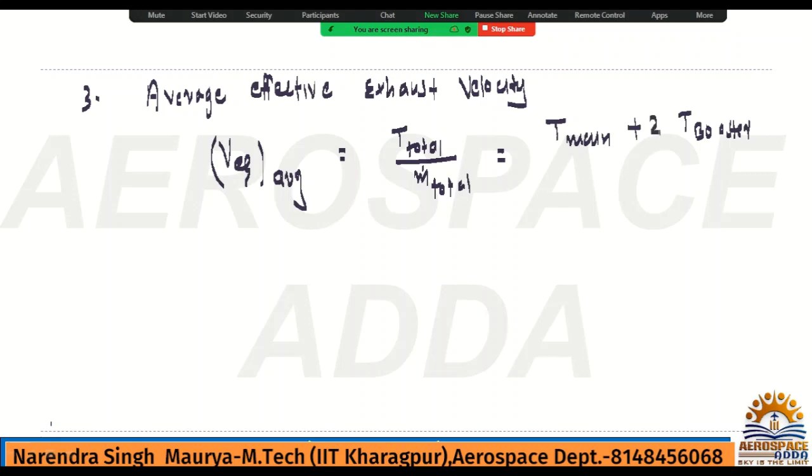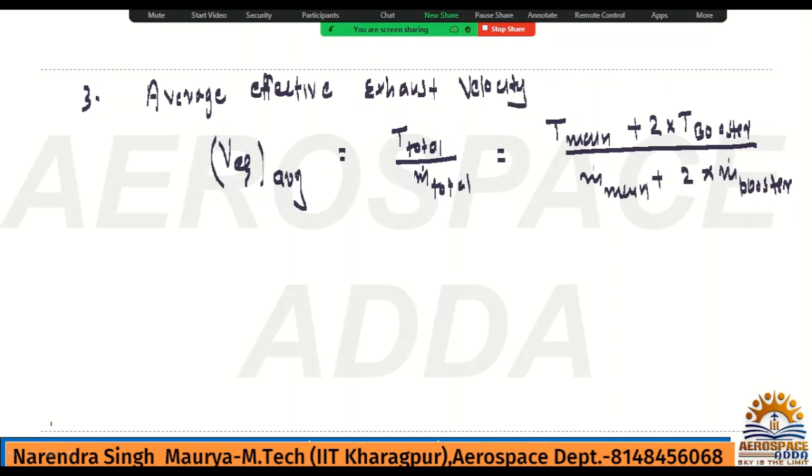And how many boosters do we have? 2 boosters. So this is the total thrust divided by the total mass flow rate, which is the mass flow rate of the main engine plus 2 times the mass flow rate of the booster. Whatever amount you have calculated, it is for a single one.